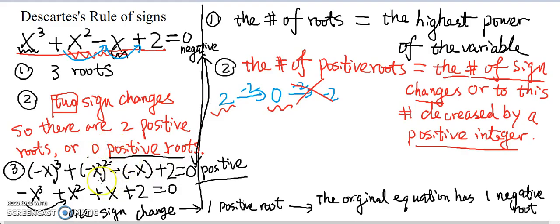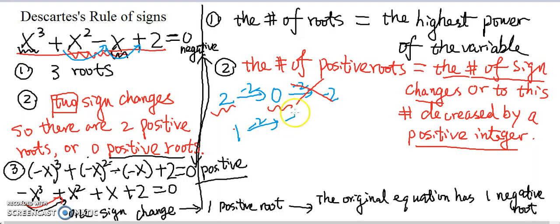And to determine the number of negative roots, as we explained before, we replace the variable x with negative x, because when negative x is positive, x will be negative. After we replace it, notice that we get this equation, and we check the sign changes. There's only 1 sign change. That tells us this new equation has 1 positive root, because if we subtract 2 from 1, we get negative 1, which does not make sense.